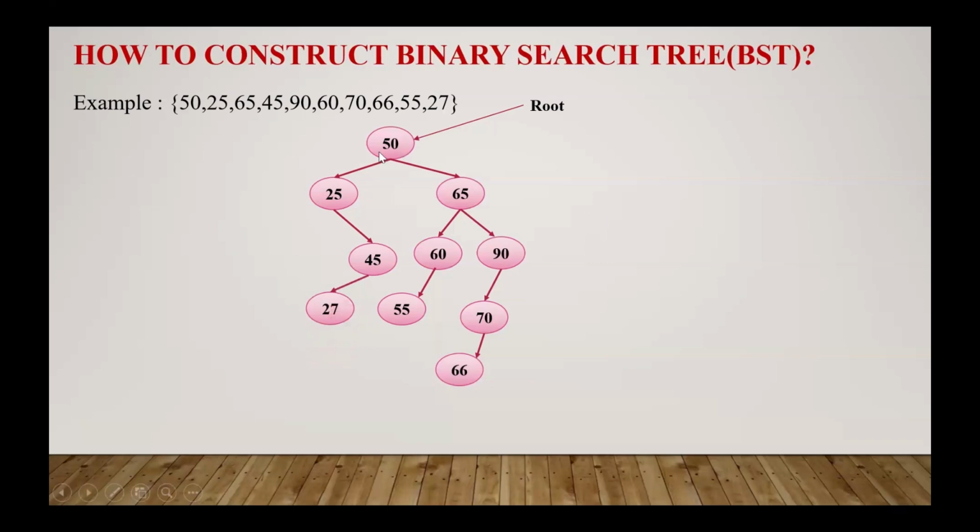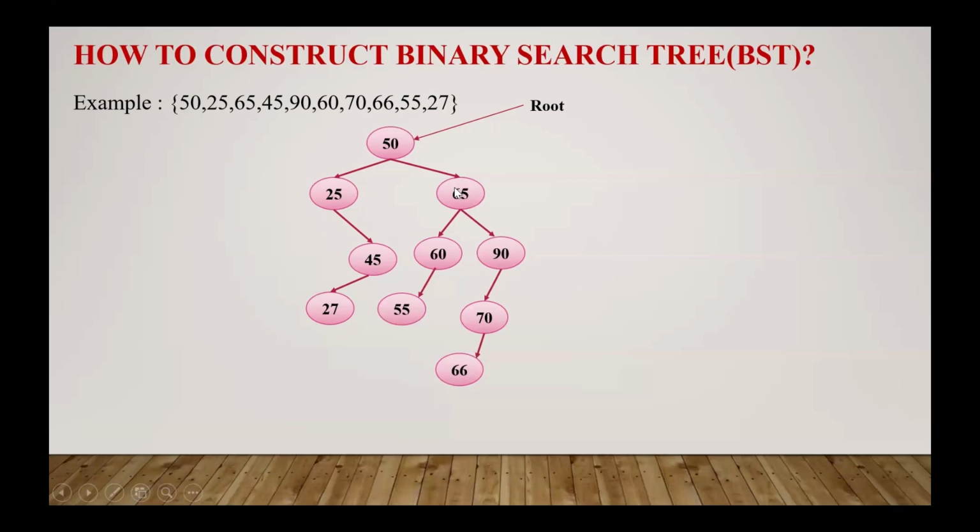If we check, all the elements 25, 45 are less than the root value 50. On the right side, all the elements are greater than 50. If we take 90, all of its left subtree is less than 90.